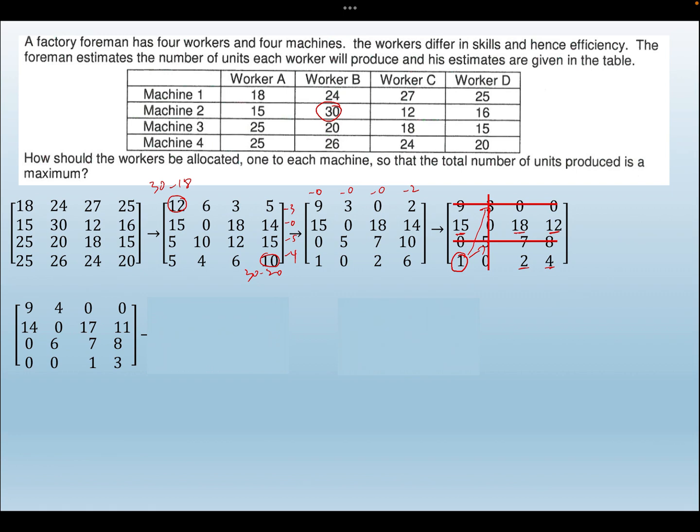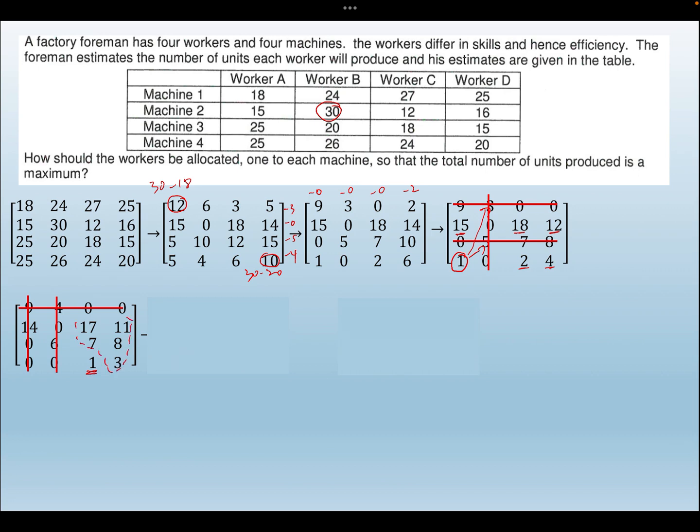And now let's draw lines. 1, 2, 3, and does it work? Not really. What we need to do now again is find the smallest number. This time it is 1.